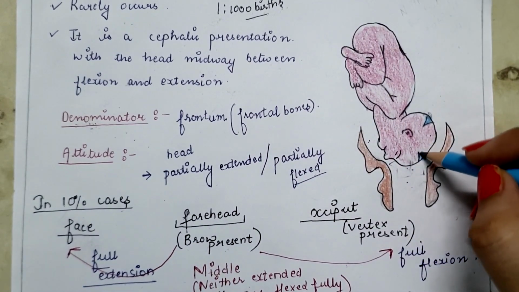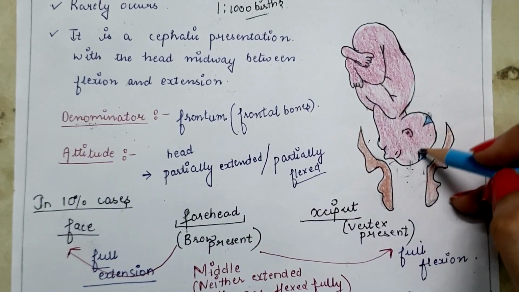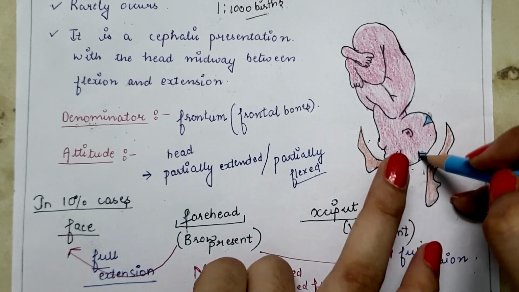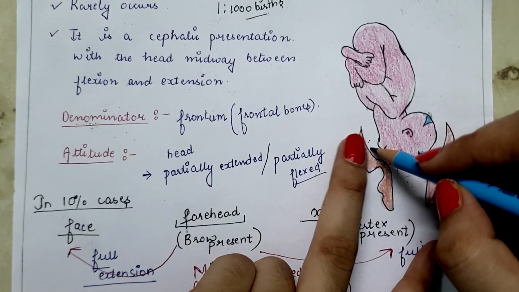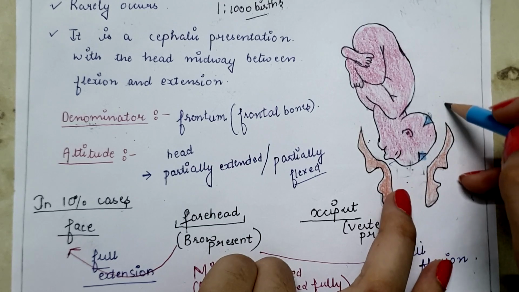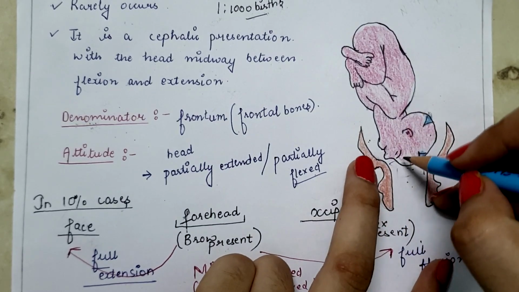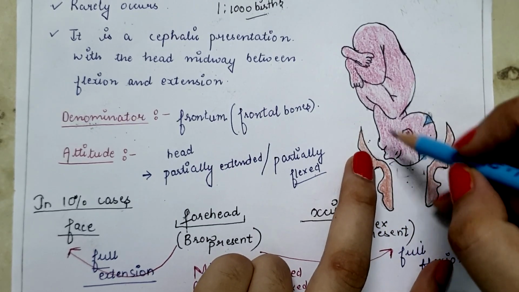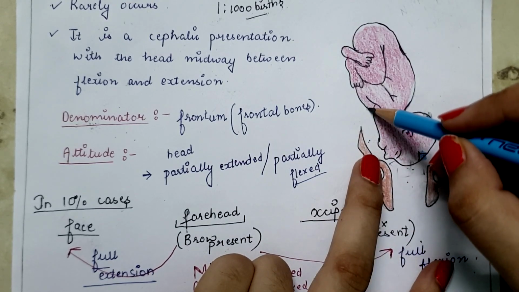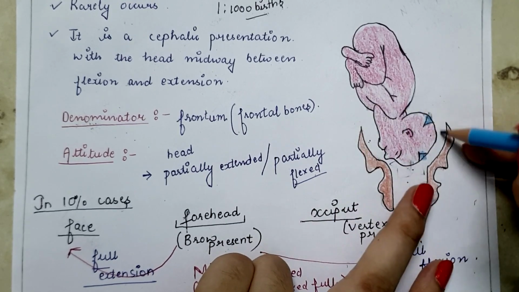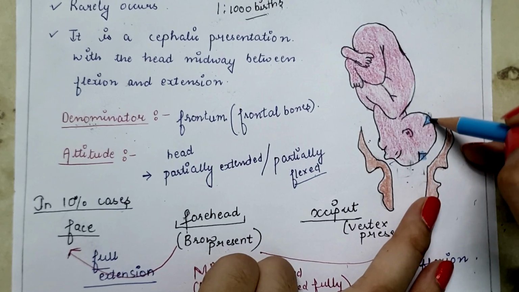In the brow presentation, you can see in this diagram, the presenting part is the head. But in this case, the head is neither fully flexed nor fully extended. If the head is fully flexed, when the chin touches the chest of the fetus, the presenting part is the vertex.